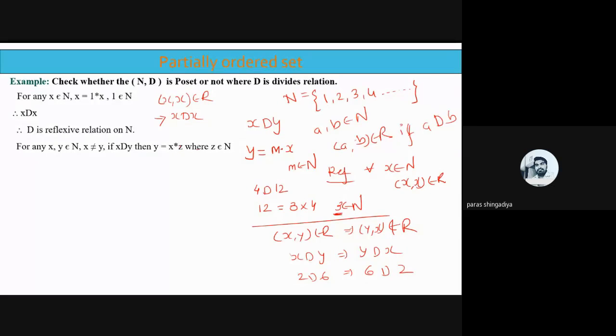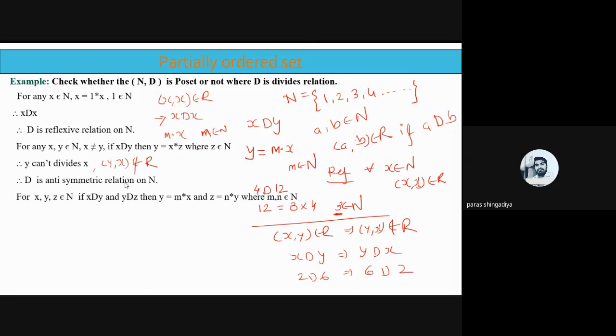If we remove the z here, we can consider m into x, where m belongs to the set of natural numbers. So y is equal to mx, m belongs to N. But if x divides y, then we cannot say y divides x, means y can't divide x, and therefore (y, x) does not belong to R. Therefore D satisfies the anti-symmetric relation, and we can say D is an anti-symmetric relation on the set of natural numbers.